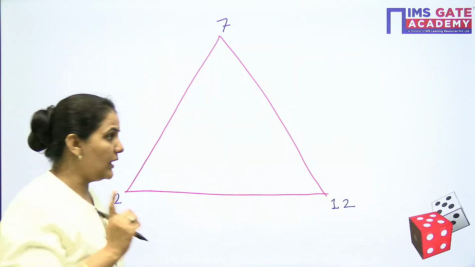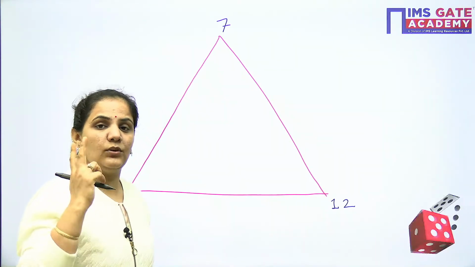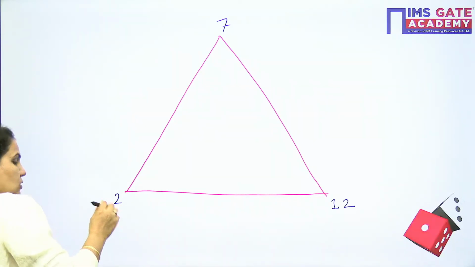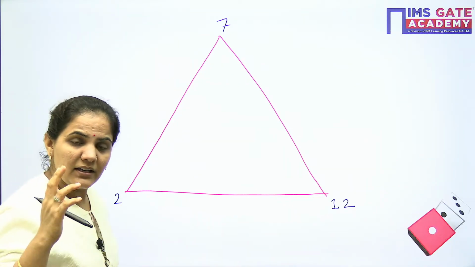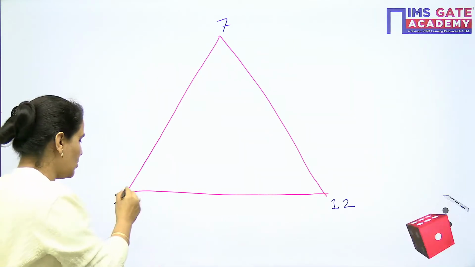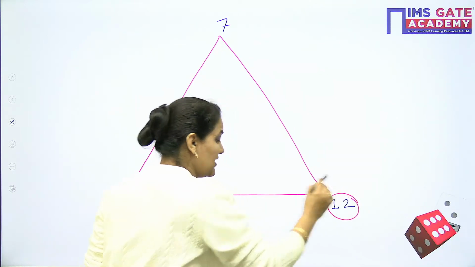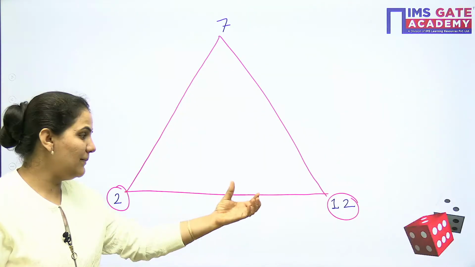Let me clarify one more time, the trick is only and only for the sum of two dice. As we know very well, when we talk about two dice, the minimum sum on the two dice is always 2, and the maximum sum is 12.